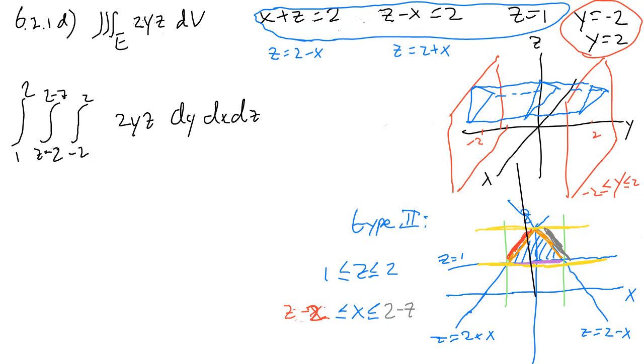Hopefully it's clear. I see that there are no questions in the chat, and then I will go to the next question, which is exercise 6.3, number 6b. So I'm gonna clear the screen in a second. So let me know if there are any further questions about this.